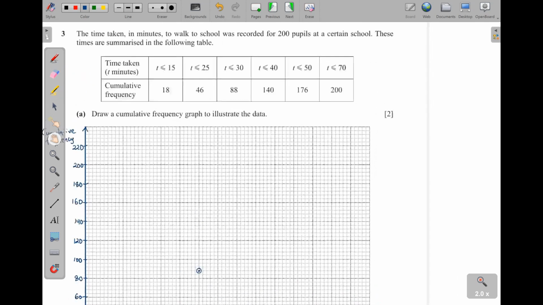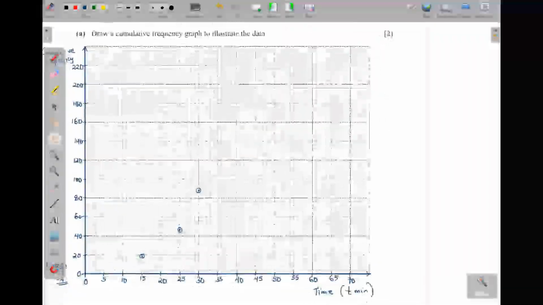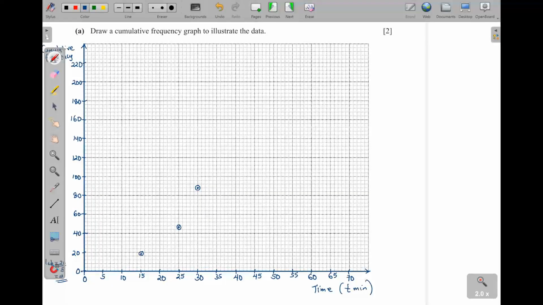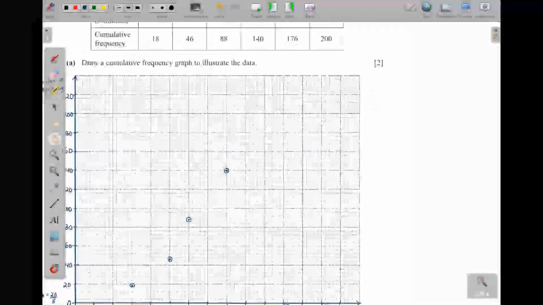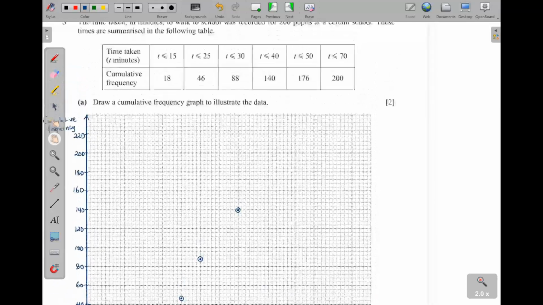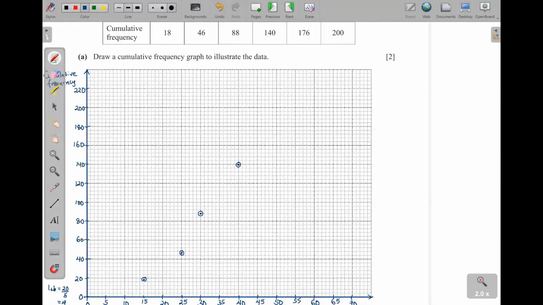Then the next one is going to be 40 and 140. 40 and then 140 is exactly here. Then the next one is 50 and 160. 50 and 160, then 64, 68, 72, 76, so it has to be here.